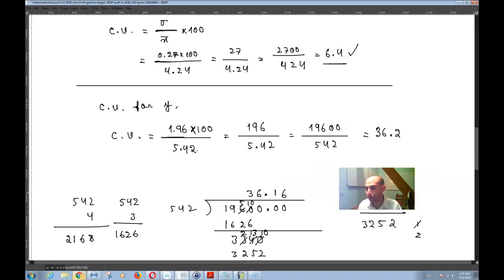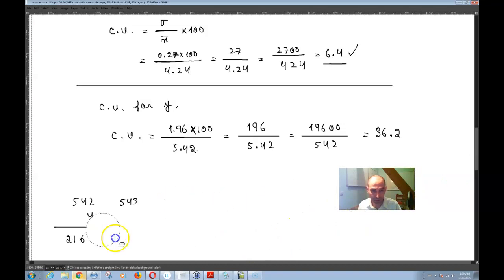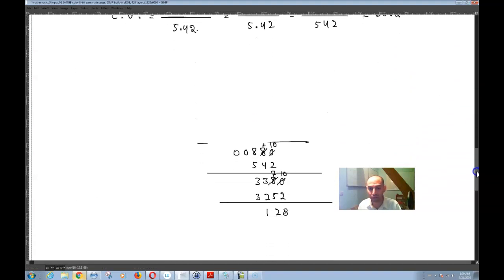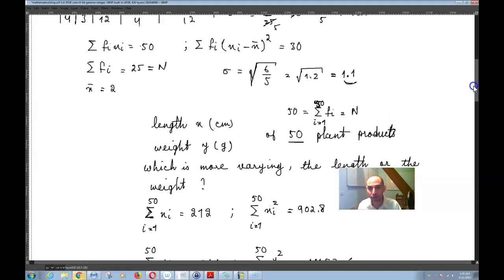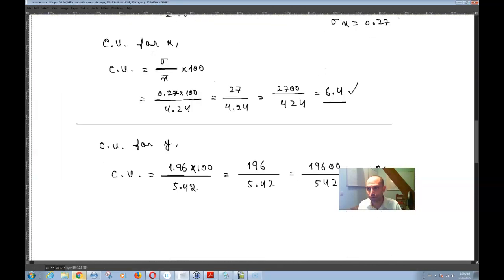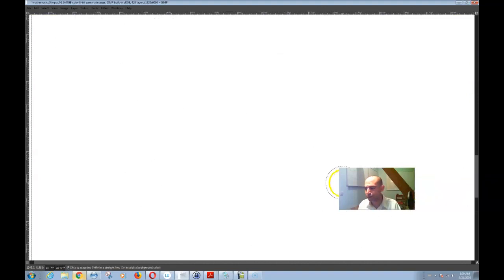I have done my best to not make mistakes. I have made mistakes. I have gone back and rectified everything and corrected the mistakes. But basically, if you take the process over here as well, that's even more than enough. So you don't need to worry about the mistakes. It seems that the correct value for the coefficient of variation for y is basically 26.24.